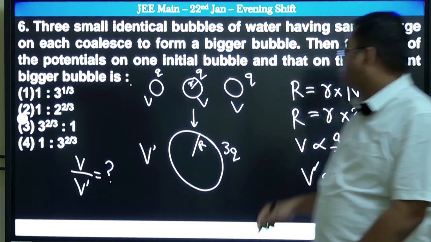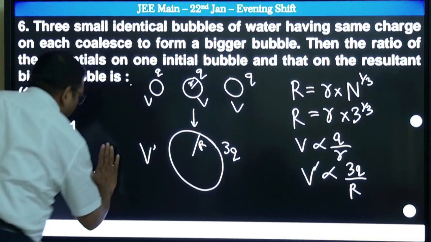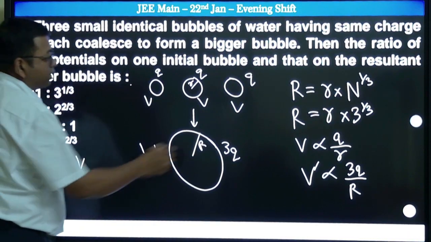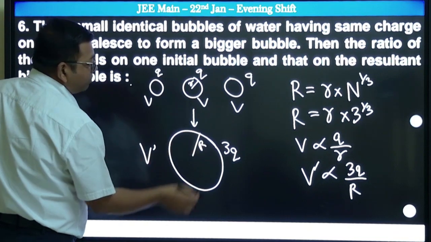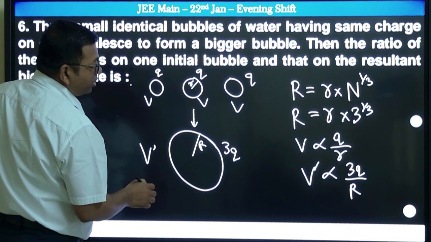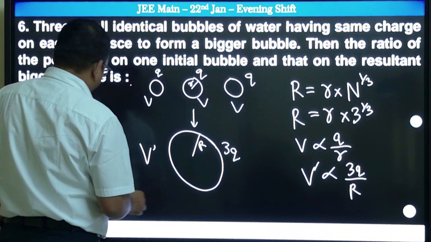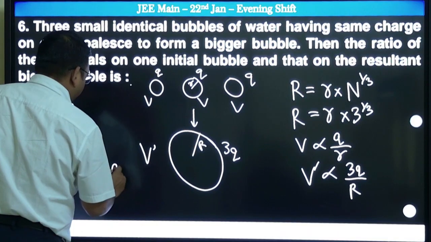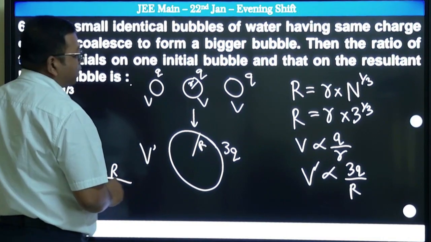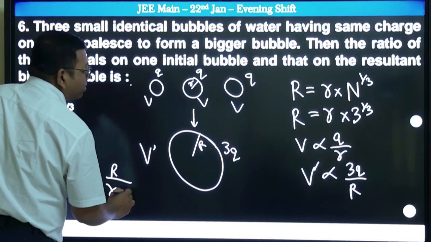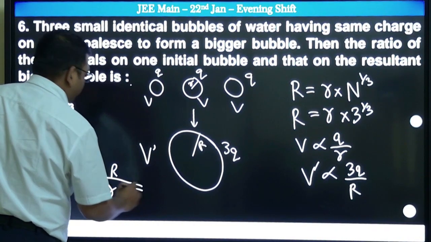Now you take that ratio. So when you take this ratio, what do you get? V by V dash. So the Q factor will go away, right? Q will go away and R will come. So capital R will come, small r will come, and here a 3 factor will come, right? So let us try to calculate.